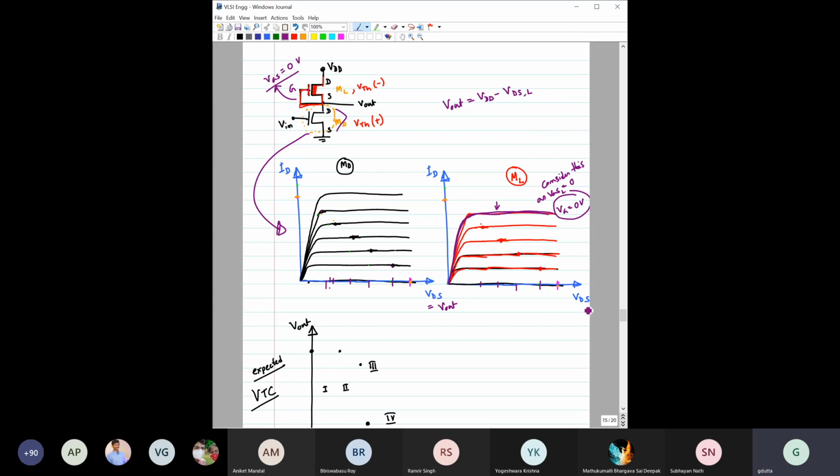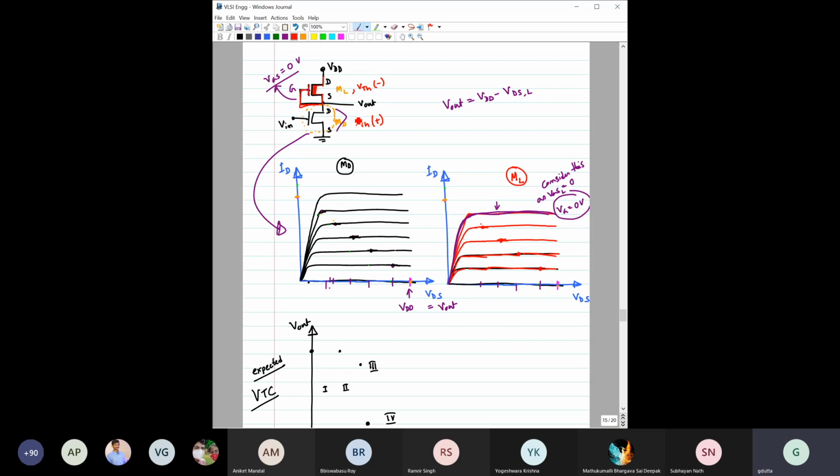So if you want to take these characteristics and put them here, what we have to do is make it inverse, a mirror image, and shift it by VDD. So say this is VDD, right?